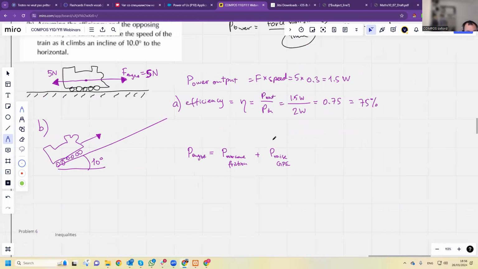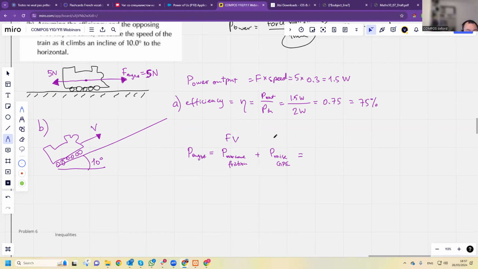So the power to raise gravitational potential energy is the rate at which the gravitational potential energy will increase. So assuming that it's moving with a speed v, the power to overcome friction is going to be force of friction times v, which is the velocity v, which we're looking for.